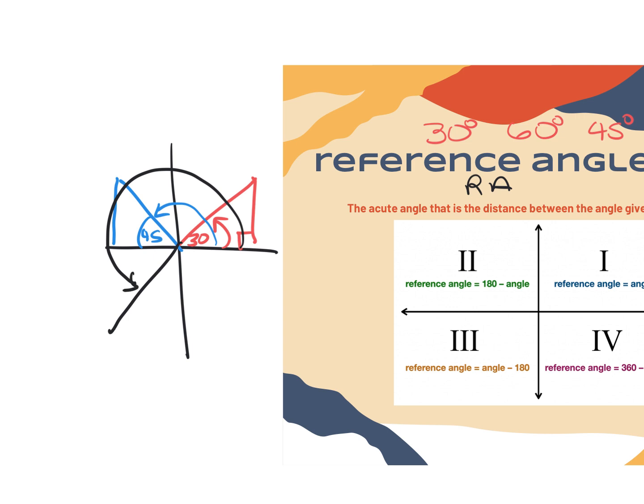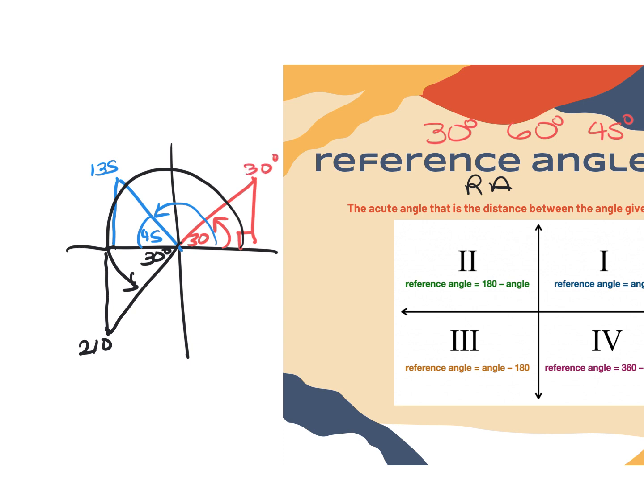I'd use my terminal side. Again, I would go back to the x-axis. So for my 210, I would go 90, 180, and then 30 more. And that would be my reference angle for the 210. This could have been a 135 up here. And then this was the 30.